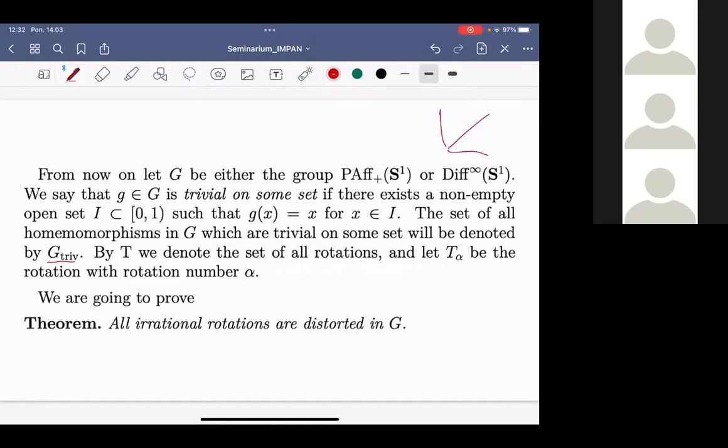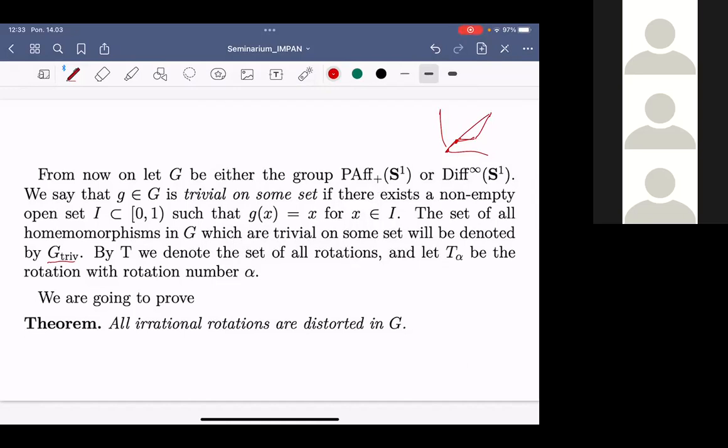So this is such a homeomorphism that on some subinterval, it is just equal to identity. Okay, so it could be something like that. It doesn't matter where this interval is located. There exists an open set such that this homeomorphism is equal to identity on this open set.